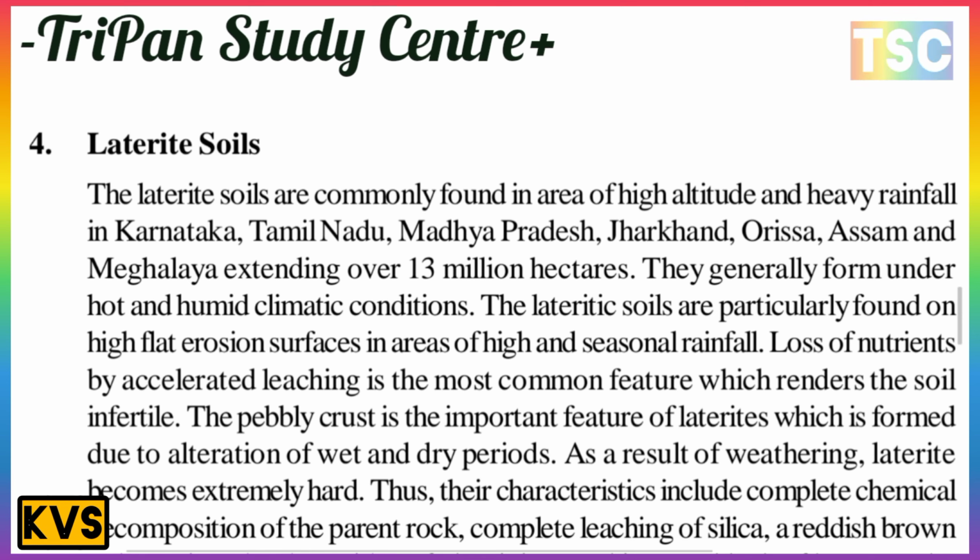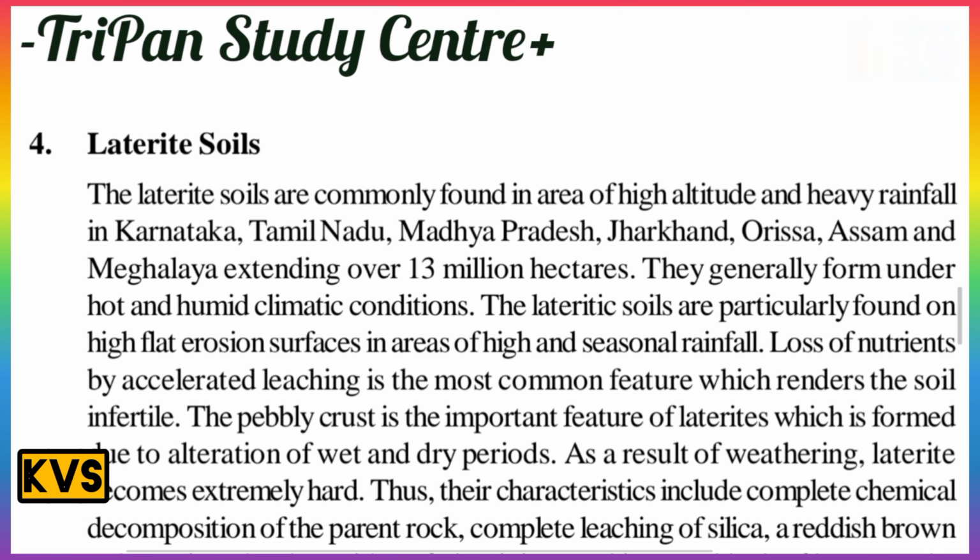Laterites are particularly found on high flat erosion surfaces in areas of high and seasonal rainfall. Loss of nutrients by accelerated leaching is the most common feature, which renders the soil infertile. The pedalferric crust is an important feature of laterites, formed due to alternations of wet and dry periods.